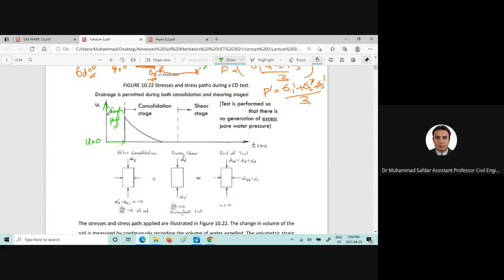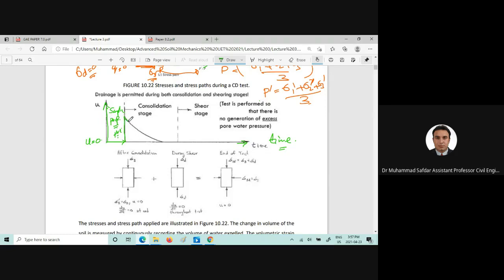And if you draw the pore water pressure versus time behavior, when the time is passing by, when you're preparing the specimen, there won't be an increase of the pore water pressure here. But when you apply the consolidation or the confining pressure, immediately the pore water pressure will shoot up and you will get the positive pore water pressure.